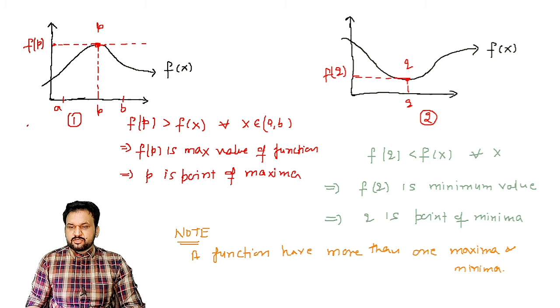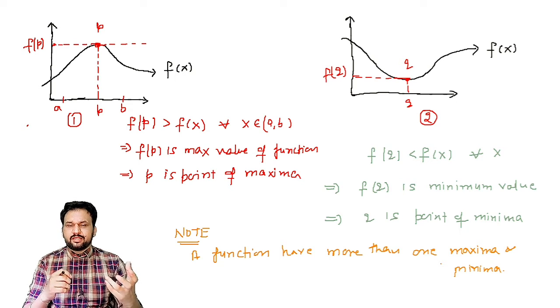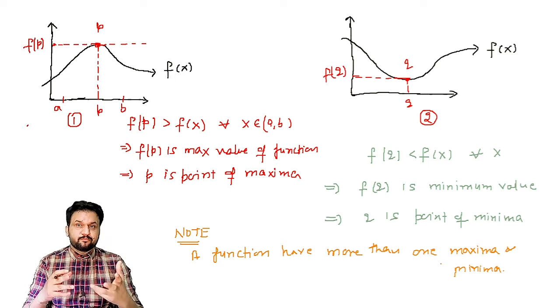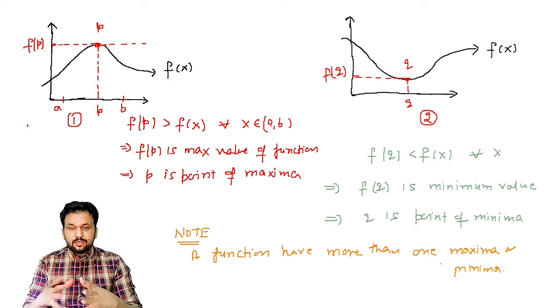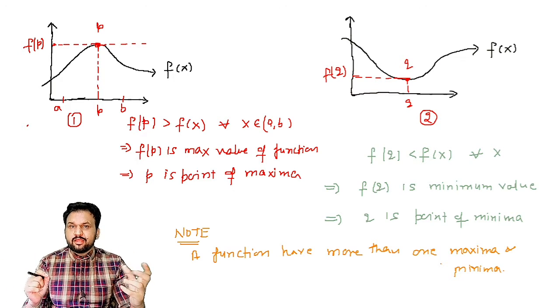It means a function can approach a maximum or minimum value more than one time, like 3, 4, up to n times. Clear? You could not say otherwise, because this complete statement has the same question that appeared in the GATE exam. He just asked whether a function has maxima and minima occurring one time, two times, infinite times, or n times.